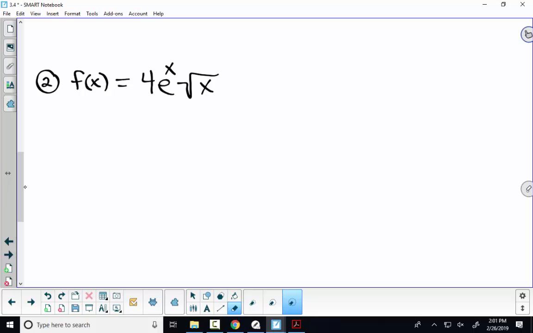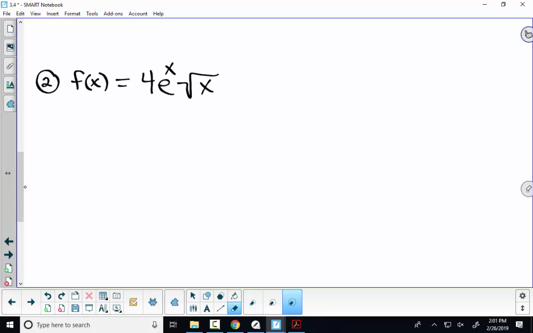So not like terms, because this one involves x to the negative 1/2, and you do have a 4 times that.